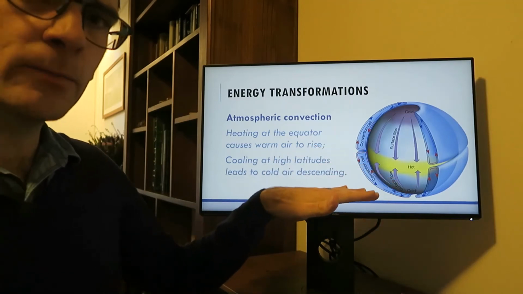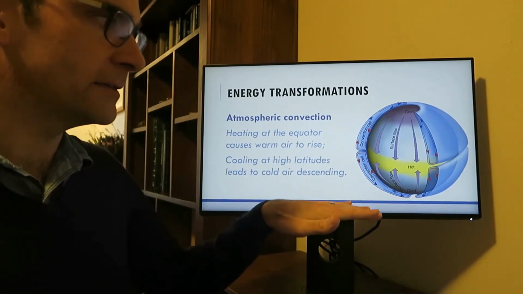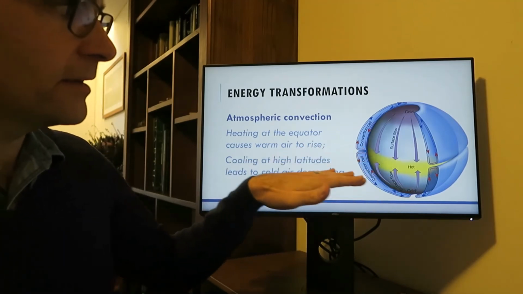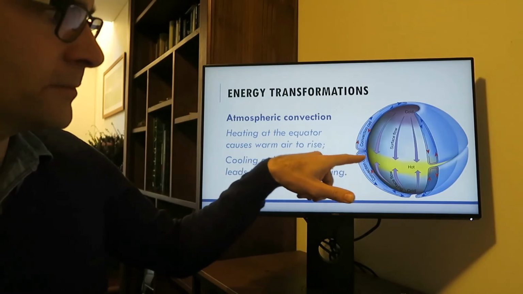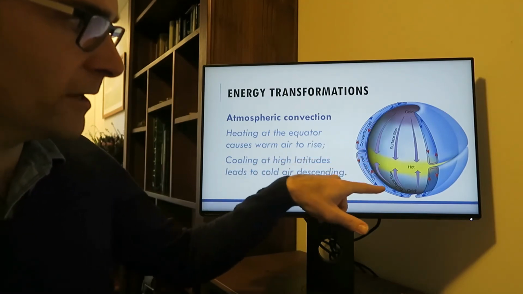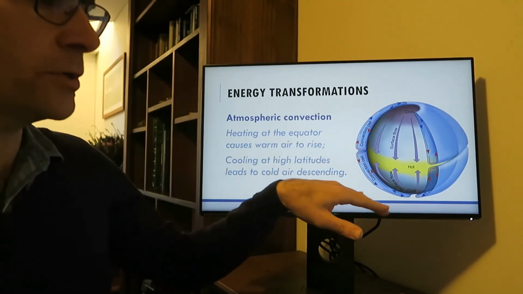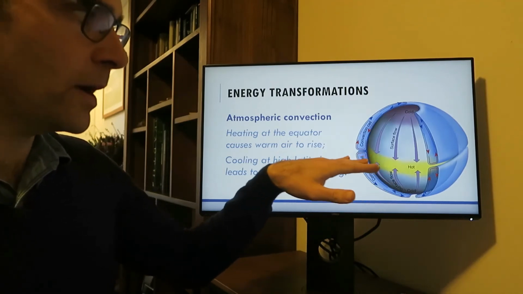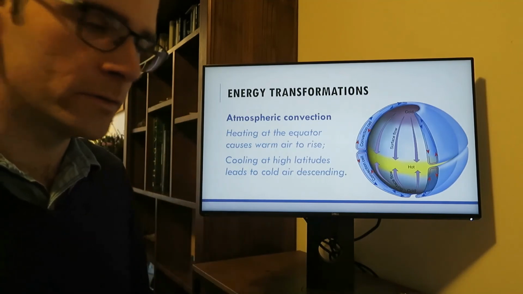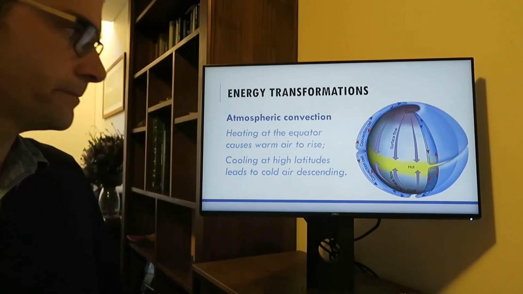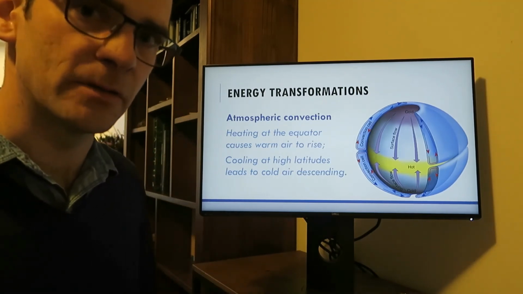We'll talk about this in more detail in a couple of lessons' time, but just be aware that you have this convection cell that covers the whole globe, and sometimes we can see smaller ones within there. At this point I just want you to see that at the equator, hot air rises and it pushes the colder air towards the poles, where it starts to descend because it's heavier.